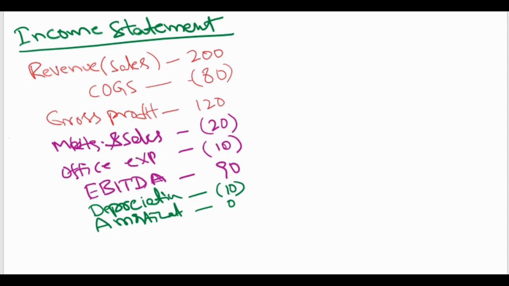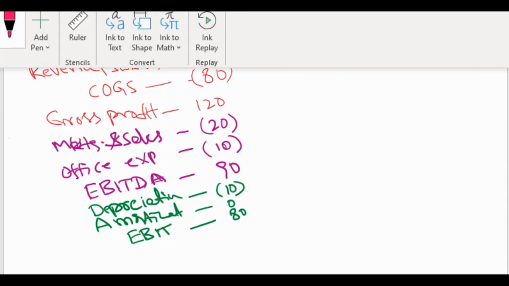So now what you get here is EBIT. What is EBIT? Earnings before interest and tax. So how much is it coming to? 80 million.